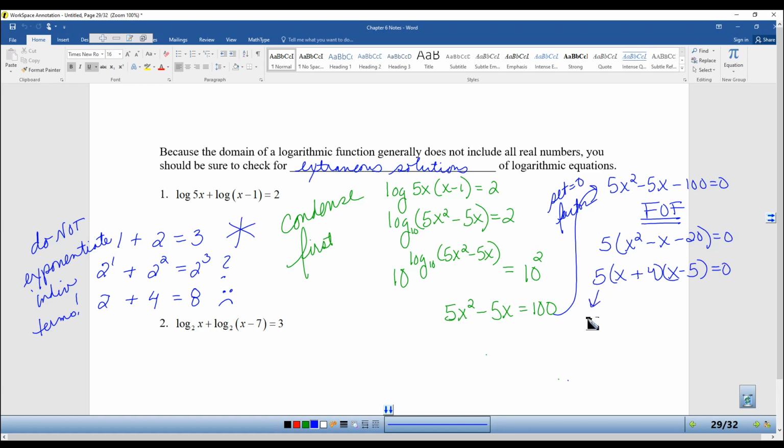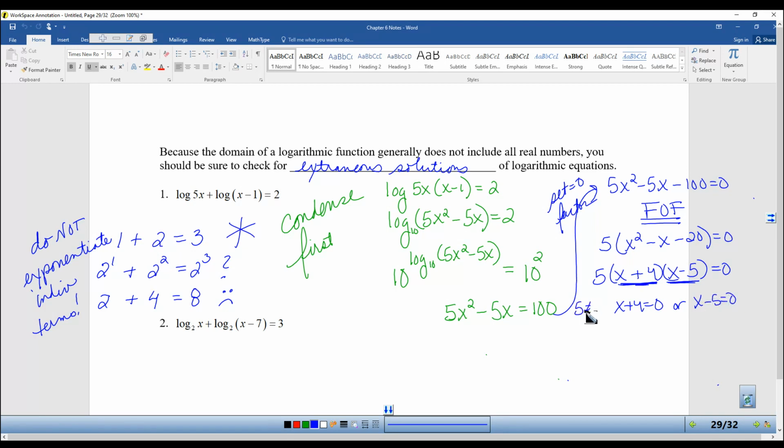So remember, this does not mean that x is equal to 0. You have 3 things that are equal to 0, 3 factors. Which of those factors is causing the answer to be 0? Not this one. 5 will never make the answer equal to 0. So instead, it must either be that x plus 4 is equal to 0 or x minus 5 is equal to 0.